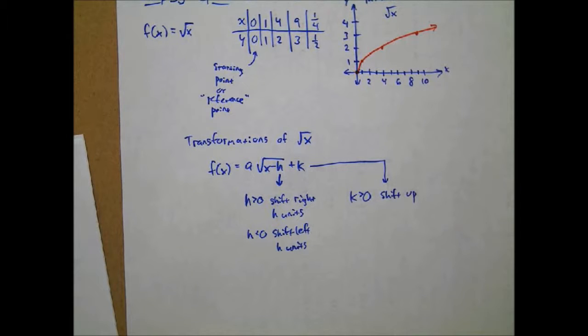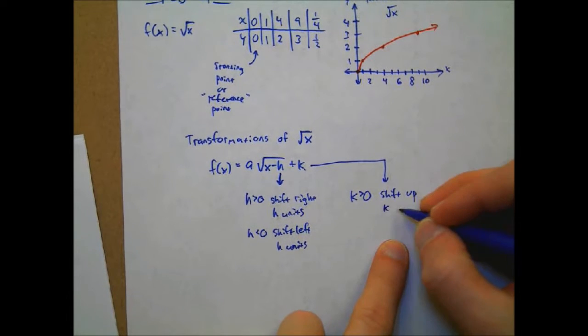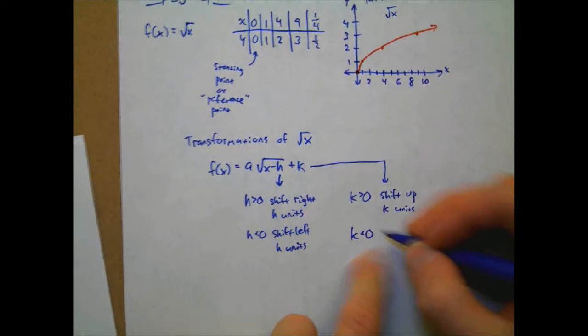When we do x minus 2, that's a shift to the right, but x plus 2 would be a shift to the left. But on the outside with the k value, that is exactly what you'd expect. You go up with a plus, you go down with a negative. So if k is positive, we shift up k units, and if k is less than 0, we shift down k units.